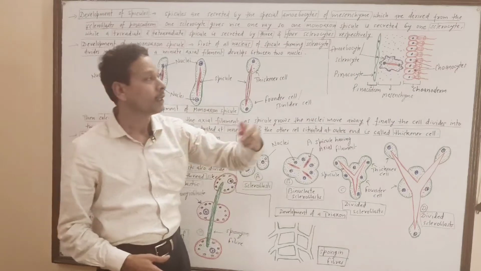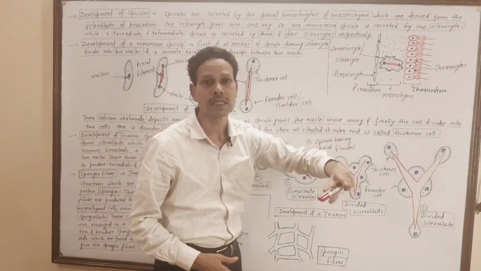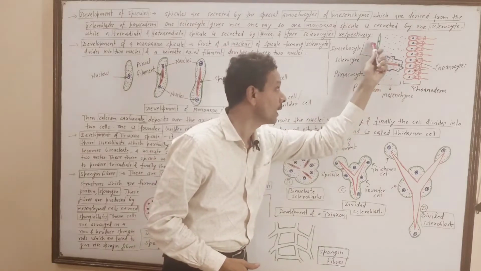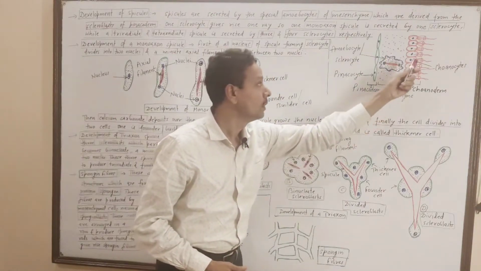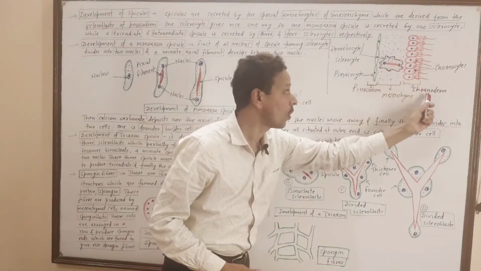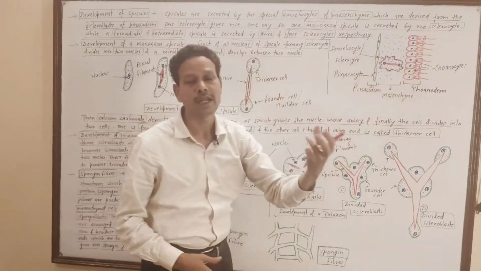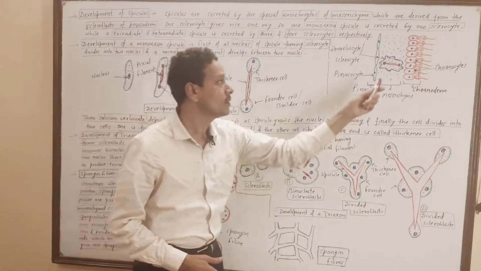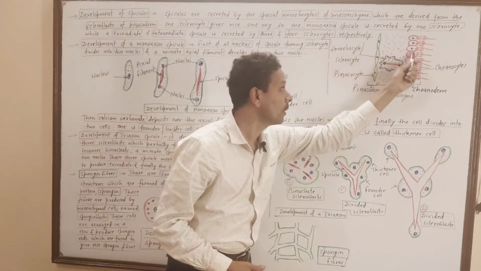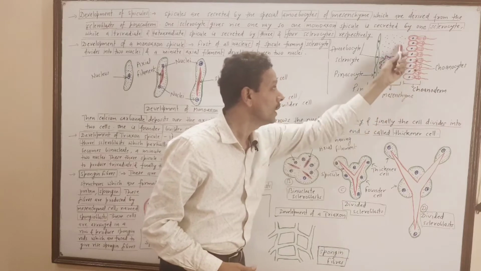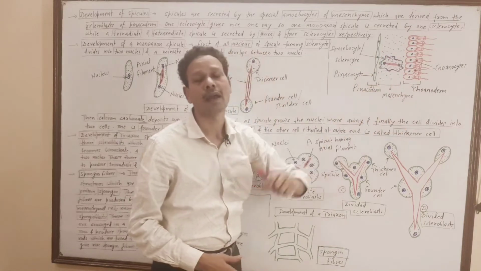As we know, the body wall of a sponge has three layers. The outer layer is pinacoderm, the cellular inner layer is choanoderm, and between them lies a gelatinous middle layer, the mesenchyme.